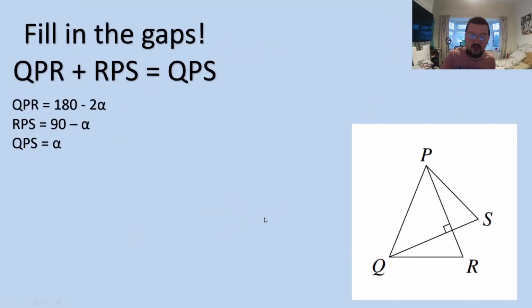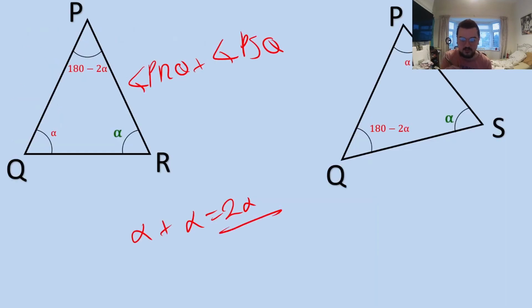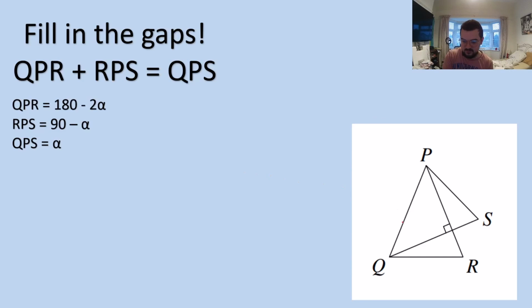So we're looking for whatever the value of 2 alpha is. And at this point, what we can just do is fill in the gaps. QPR plus RPS equals QPS, which is just these 3 angles here. And we can use that to solve for alpha.